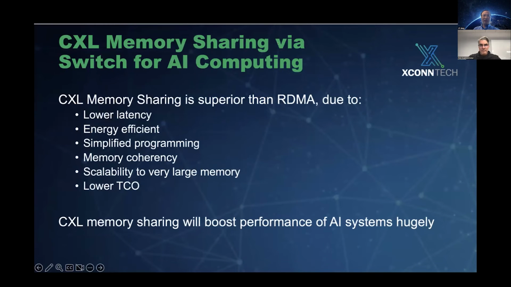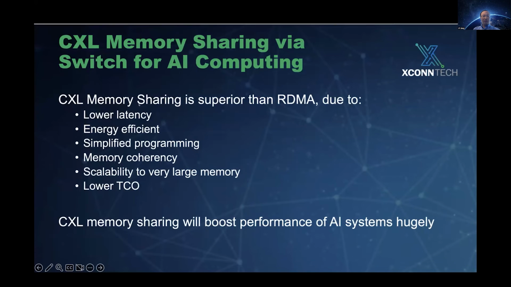What we see is that memory sharing is important for AI computing systems because it has a lot of advantages over RDMA. For example, RDMA is an order of magnitude slower, with much higher latency than CXL memory. CXL memory latency is around hundreds of nanoseconds, but RDMA is going to be microseconds, tens of microseconds.